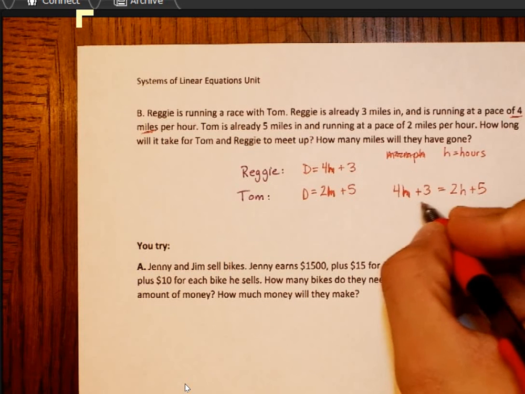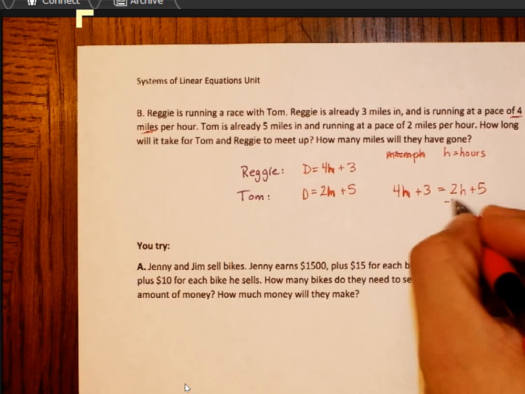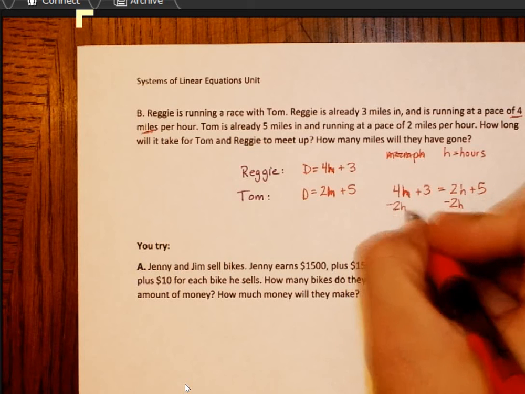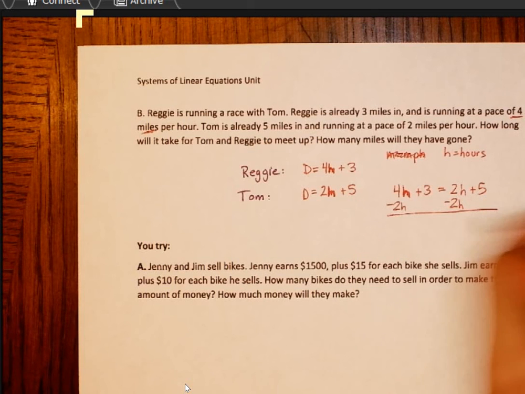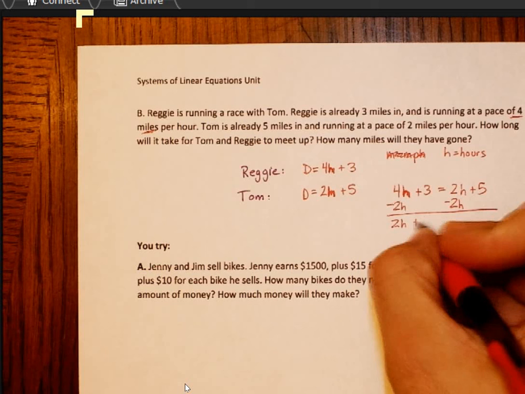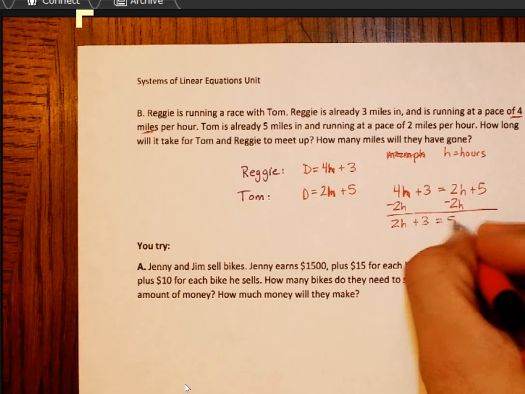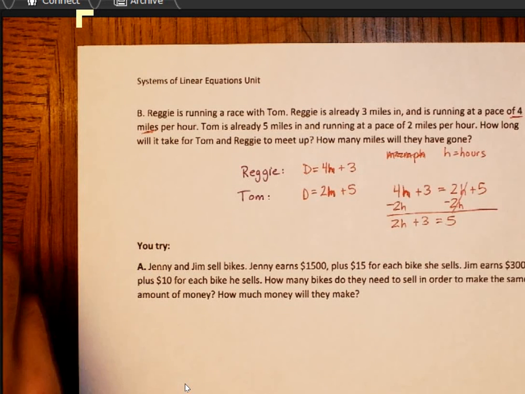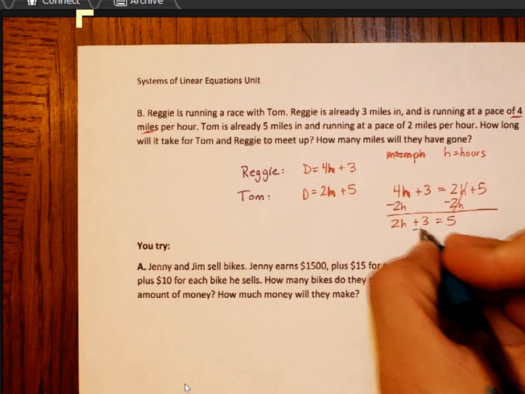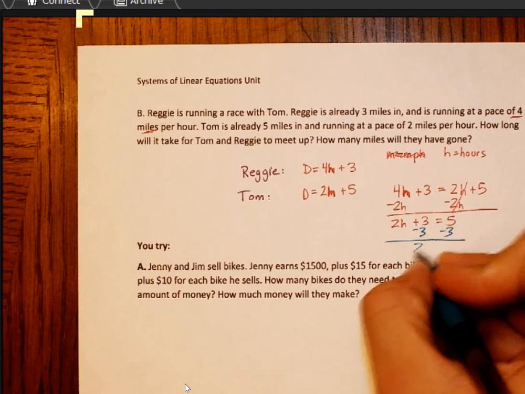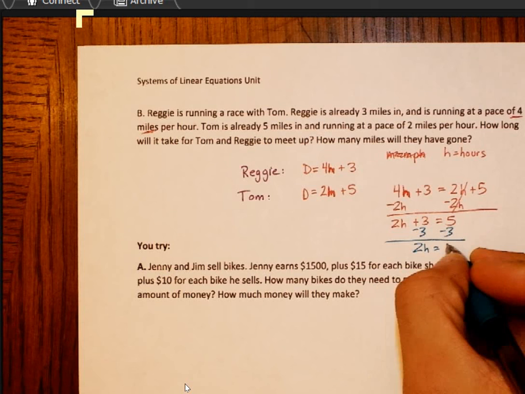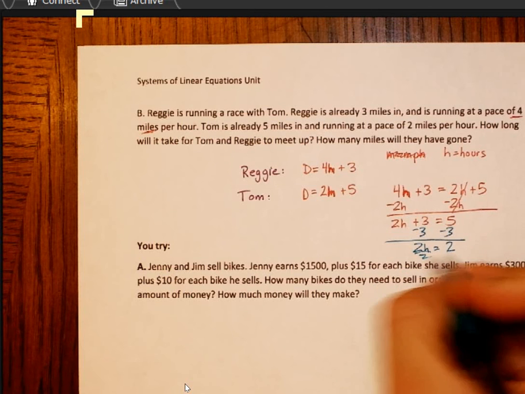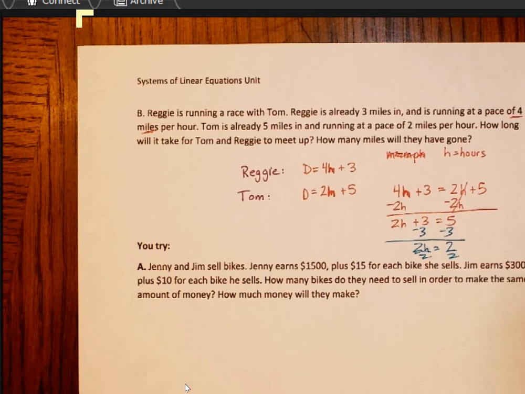Now I'm going to subtract 2h from both sides. When I do that, I get 2h plus 3 is equal to 5, because that makes 0. Subtract 3 from both sides of the equal sign, so 2h equals 2. Divide both sides by 2, and I get that h equals 1.